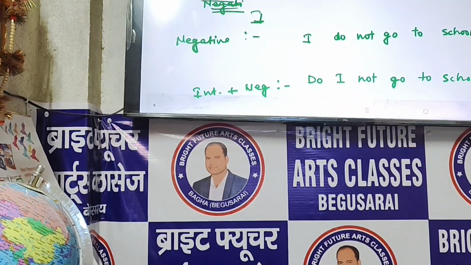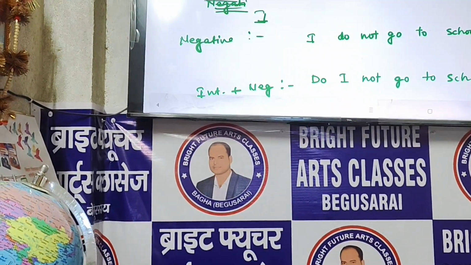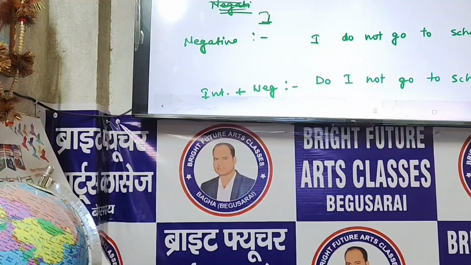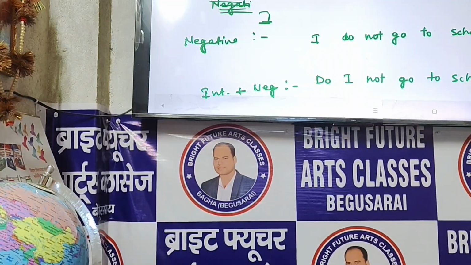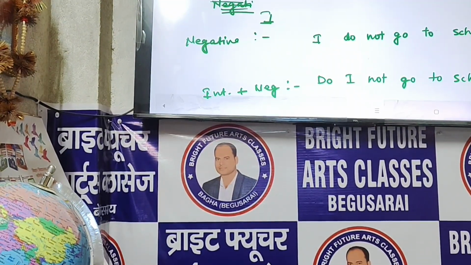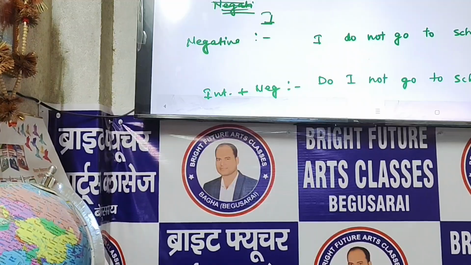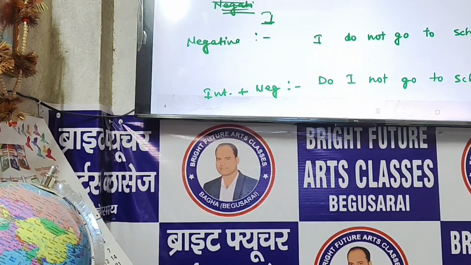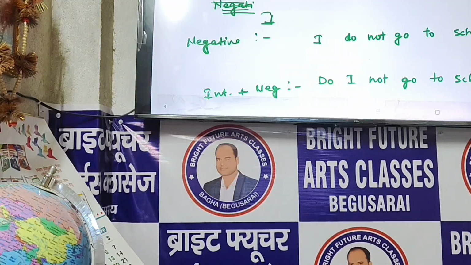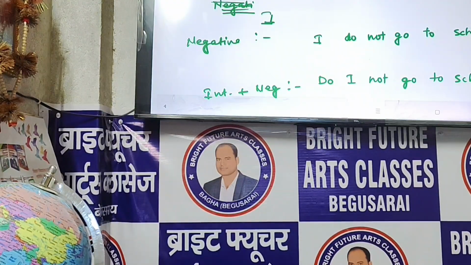The line is simple present tense. The structure will be what? Subject plus first form of the verb, maybe has or here, and then the object. Here, as we try to make it interrogative, what to do? Take the help of do or does. If the subject is singular, take the help of does.